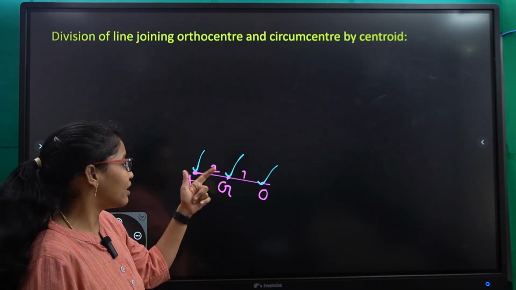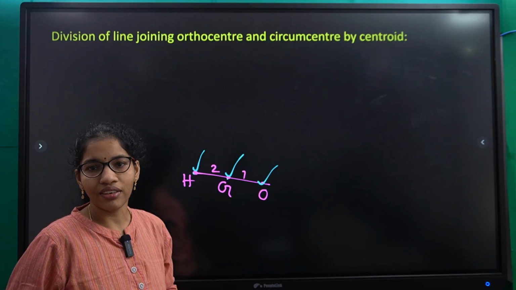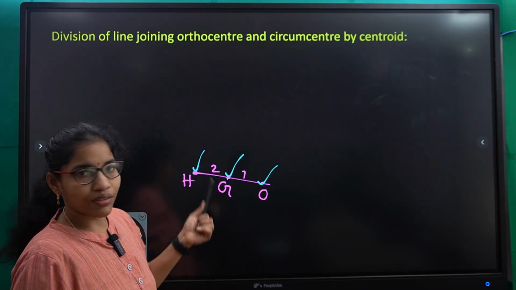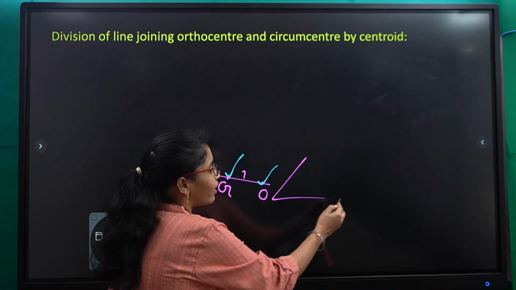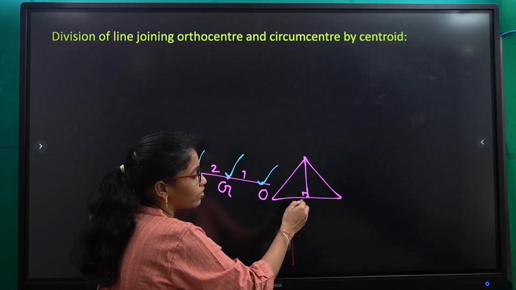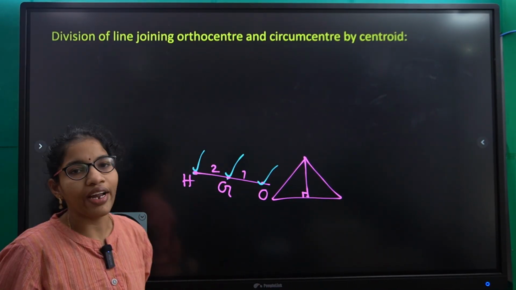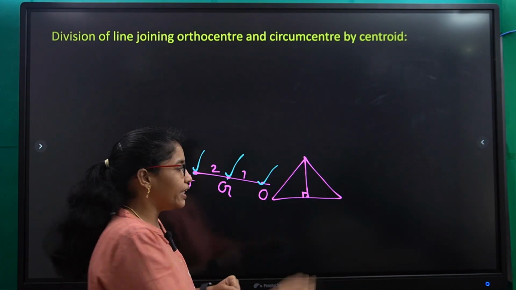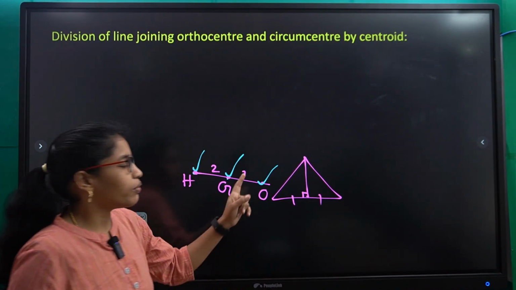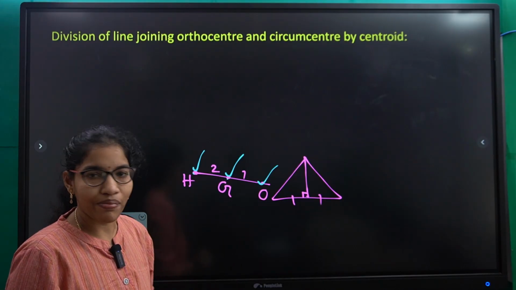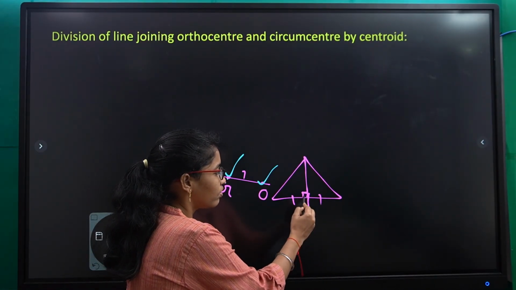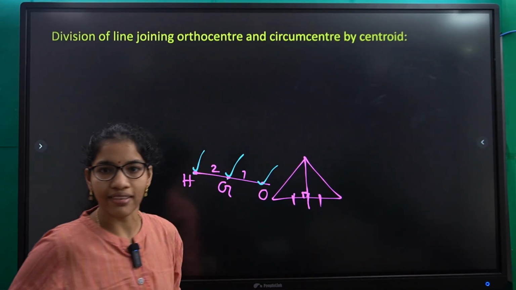Why? Because here what is meant by orthocenter? Point of concurrence of altitudes, right? So if you take the triangle, it is altitude. And what about the centroid? Point of concurrence of the medians. What about the incenter, which is nothing but point of contact of the angle bisectors, and perpendicular bisectors, right?